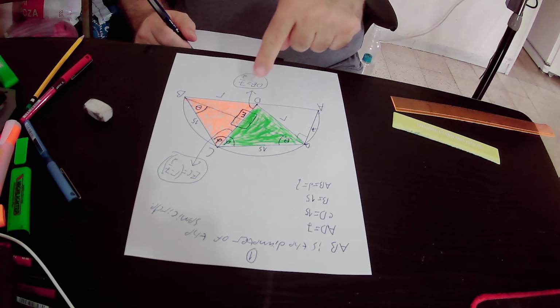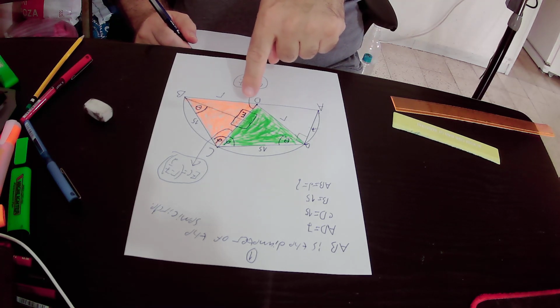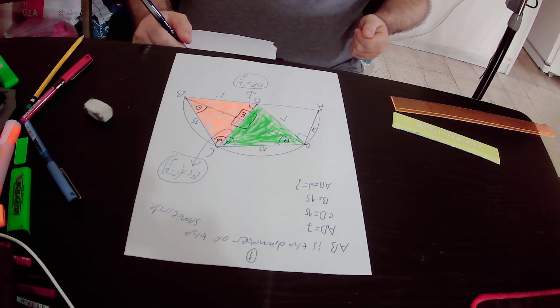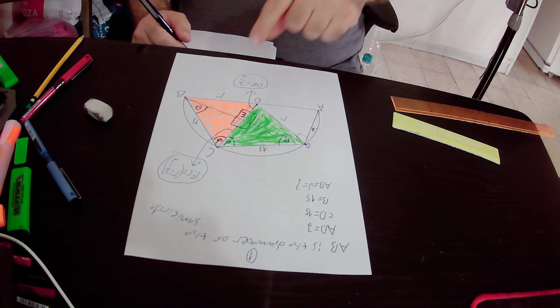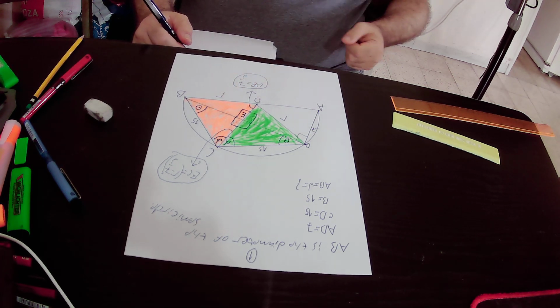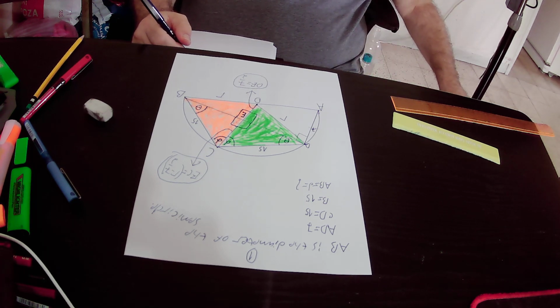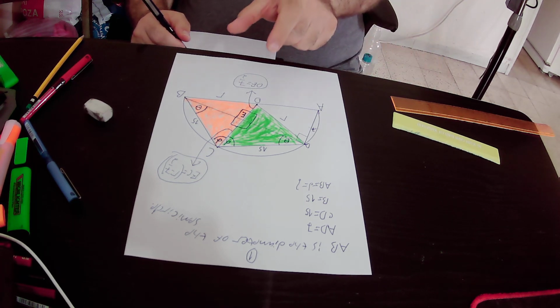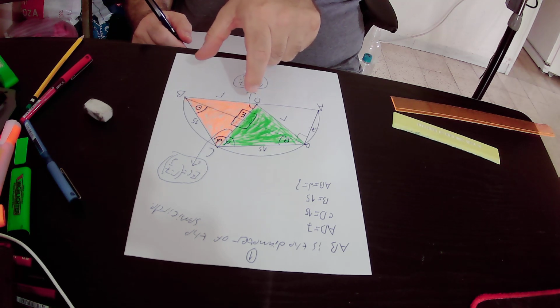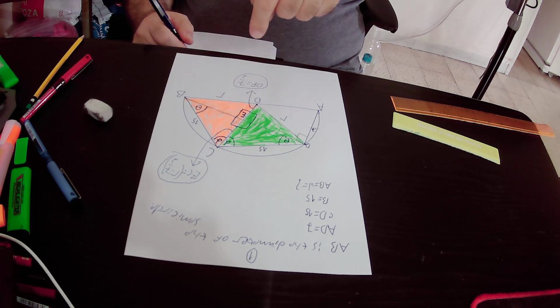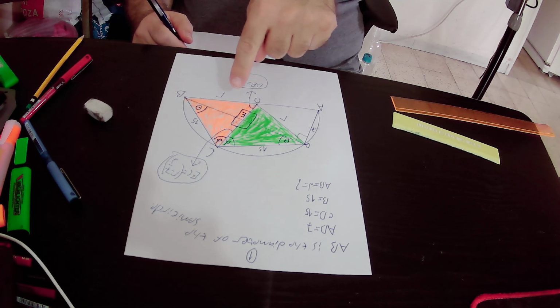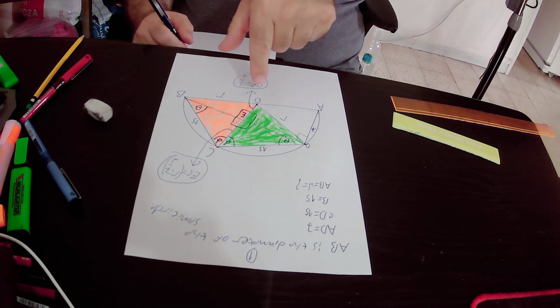And triangle OEB is also a right triangle because angle OEB is a right angle. So we will focus on those two right triangles in the orange color. And we also know that EB is a common side. It belongs both to triangle EBC and to triangle OEB.